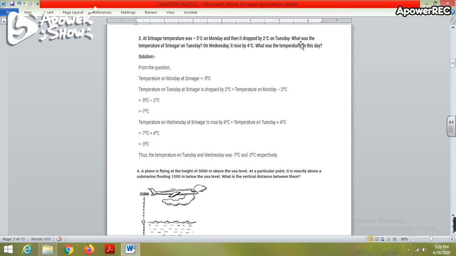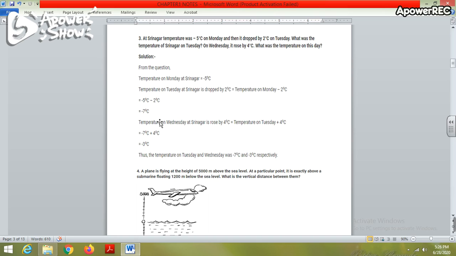Now, what was the temperature of Srinagar on Tuesday? We have already calculated that it is -7 degrees Celsius. Now, on Wednesday, it rose by 4 degrees Celsius. Since the temperature is rising, you have to just add 4 degrees Celsius to the temperature of Srinagar on Tuesday.